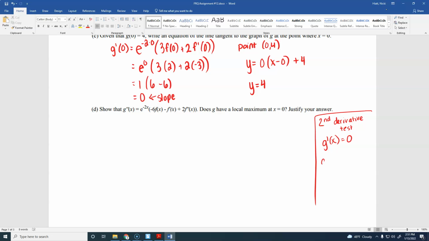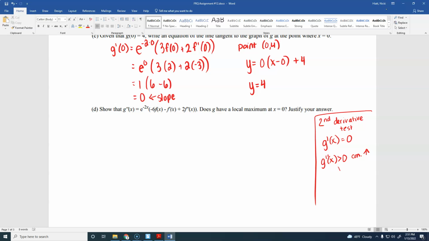So if g double prime of x is greater than 0, what does that tell you if the second derivative is positive? Not increasing, it's the second derivative. Concave up. This is a double prime.